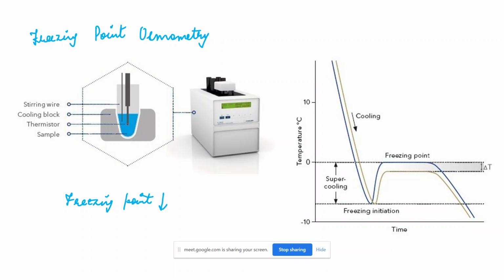In the graph, as you can see here, the freezing point is decreasing because you are adding a particular solute. The depression is around 1.8 Kelvin per mole of solute that you add.